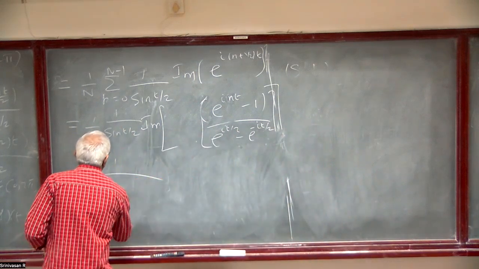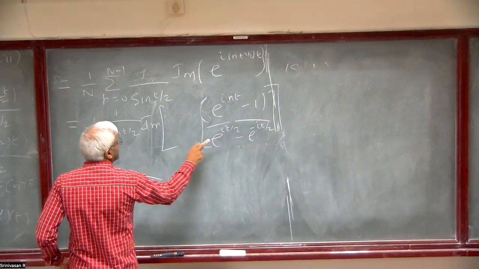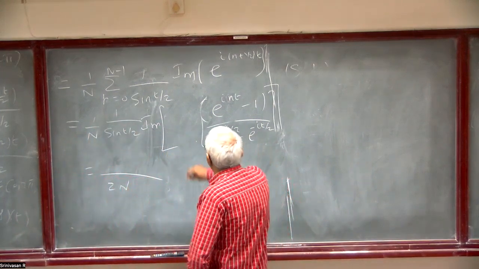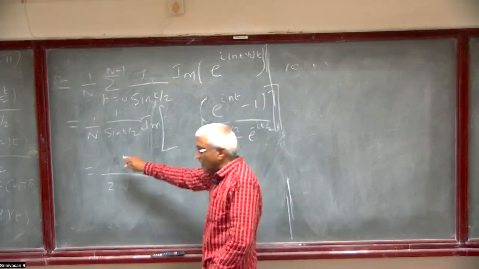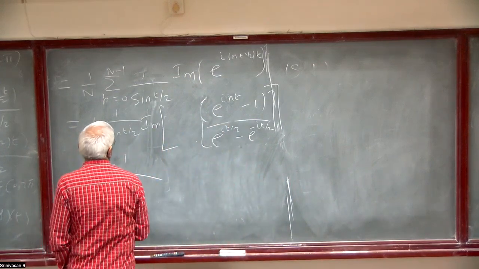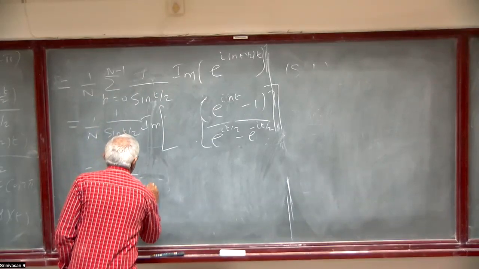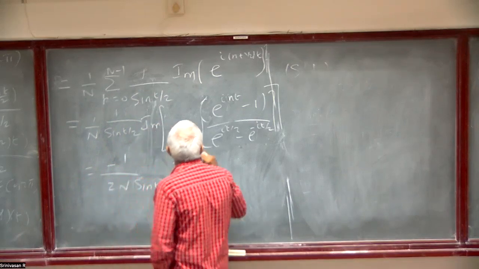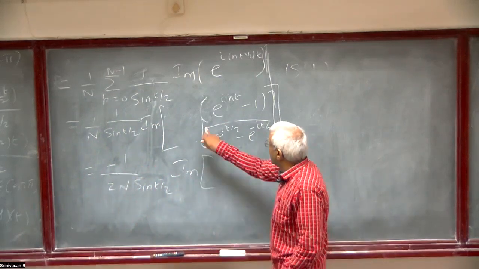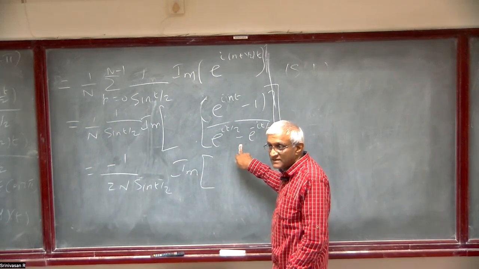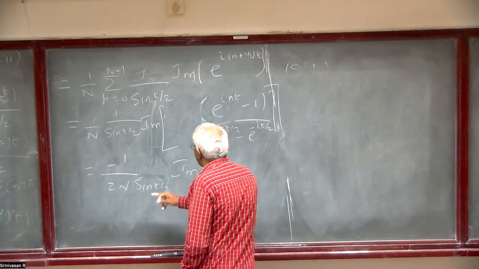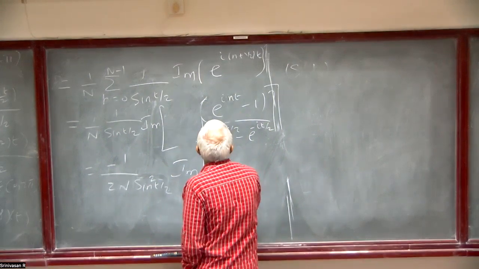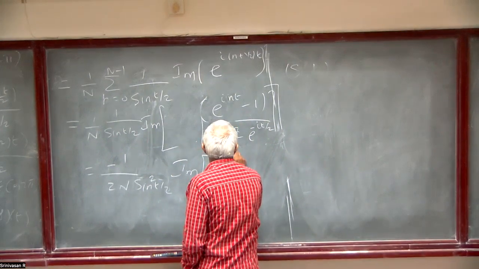So I put 2i, and 1 by i will be minus i. So I take a minus here, minus 1 by sine t by 2 times the imaginary part of, I get an i times sine of this. So I take the sine t by 2 outside, and you get sine square t by 2 here. And here I will get only e power i n t.